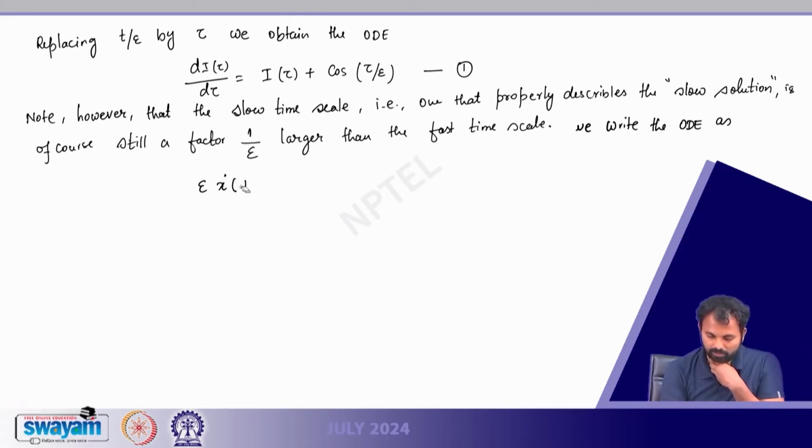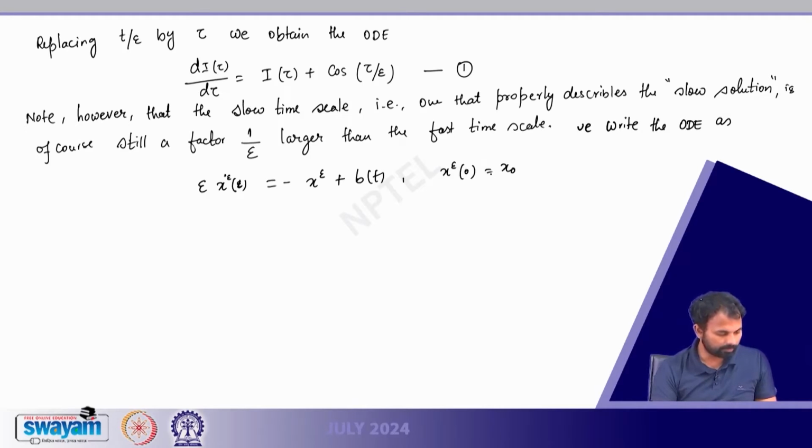So it should not be epsilon, it should be t. This should be t and this is x epsilon because it depends on epsilon, equals to minus x epsilon plus b of t, where b is any function of t, and x epsilon at 0 equals x0.